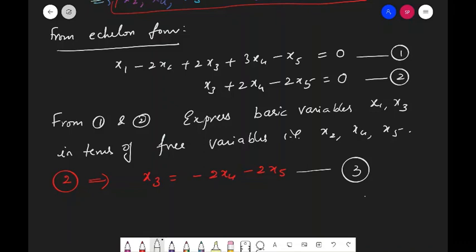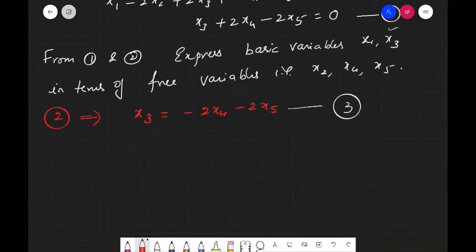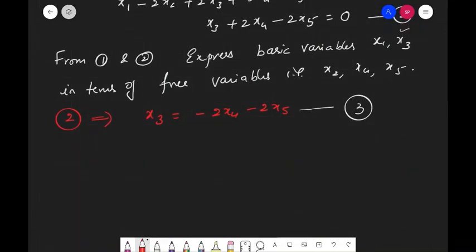Now one basic variable x3 is expressed. What is another basic variable? x1 value we want. So we will use here from 1. Equation 1 implies, in 1 I have x1 as a basic variable. Keep the basic variable on one side, send all the other variables to the other side. I will get 2x2 minus 2x3 minus 3x4 plus x5.